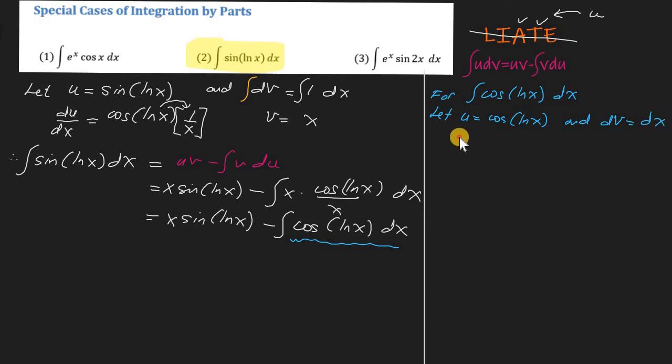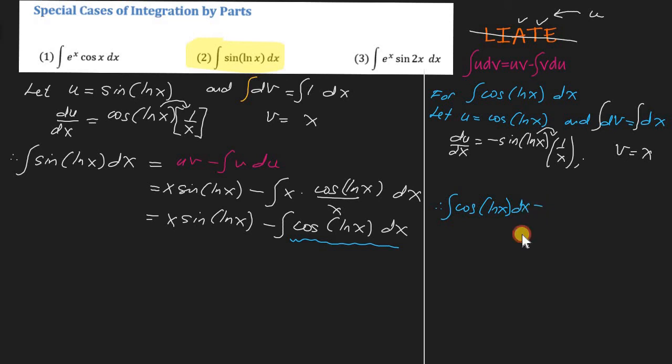So let's differentiate du dx. Cosine is negative sine, and applying a chain rule of it, 1 on x. As for this portion, we integrate both sides, so the v is x. So hence this integral of cosine ln x dx.